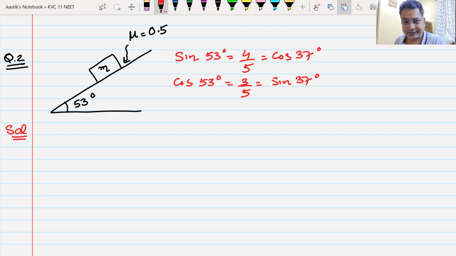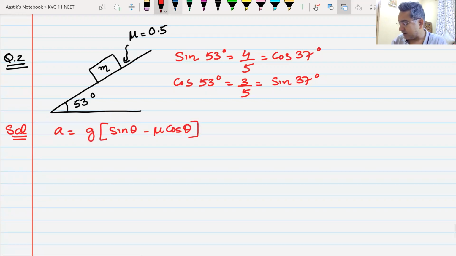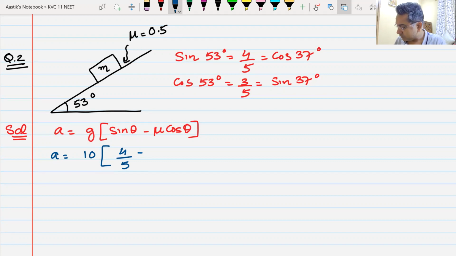Let us check it out. So, how do I get the value? Acceleration can be written with g taken common: sine theta minus mu into cos theta. I just put the values and I will get the answer. Acceleration: g is 10. Sine of 53 is 4 by 5 minus mu, which is 0.5, multiplied by 3 by 5.